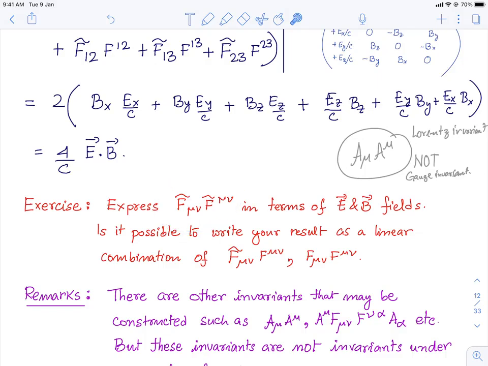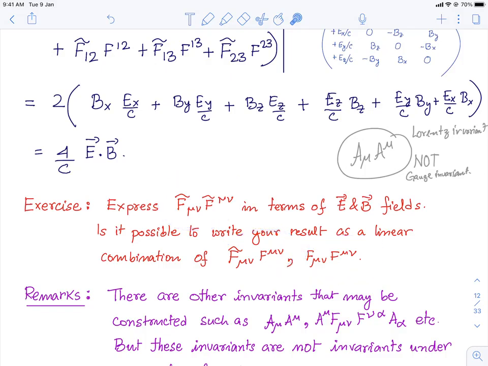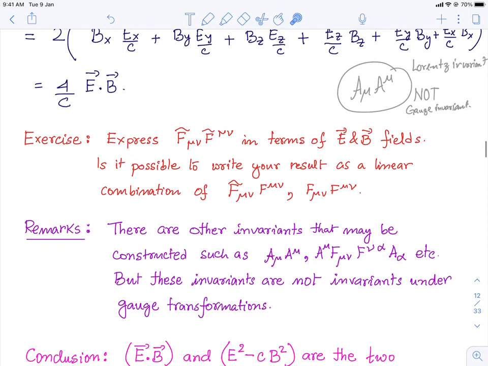It can be expressed in terms of this one and this one. I have not worked it out, but you are encouraged to work out the components of the dual square also. So I'm leaving that as an exercise.